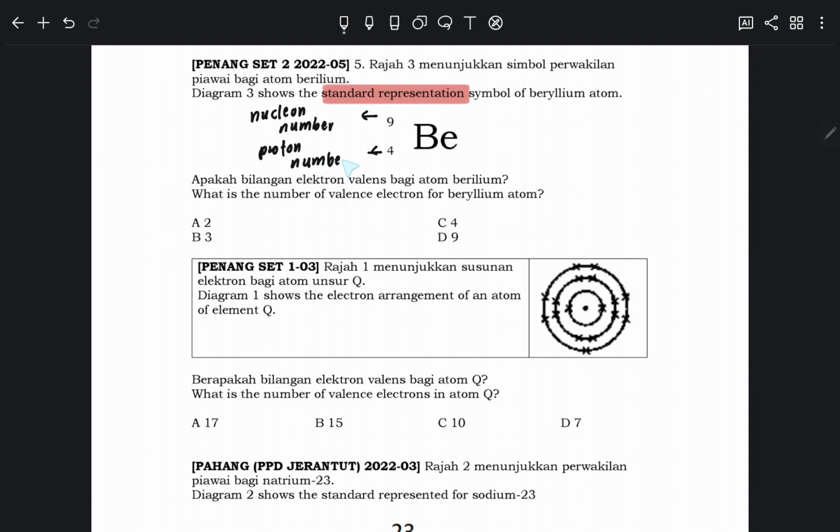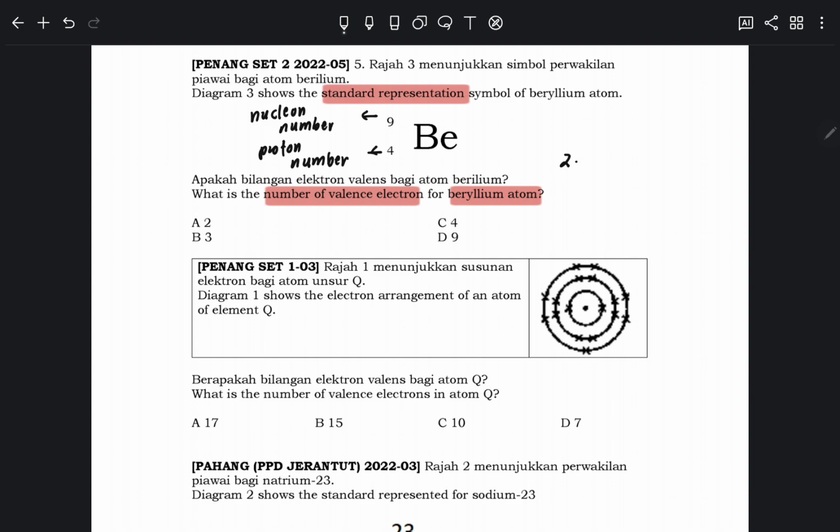Nucleon number is proton plus neutron. But now what do they ask? They ask for the number of valence electrons in a beryllium atom. To find the valence electrons, I must know my number of electrons. This is an atom, correct? Beryllium atom. So the proton and electron numbers are the same. So I have 4 protons, 4 neutrons.